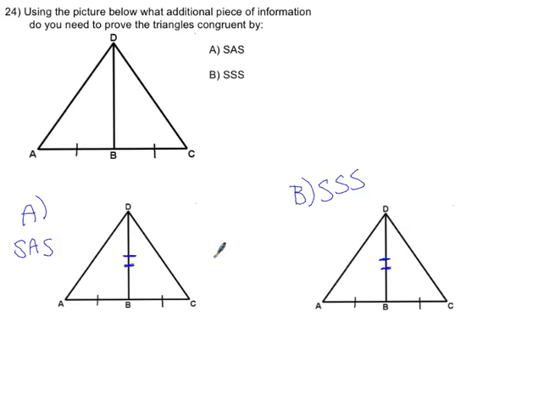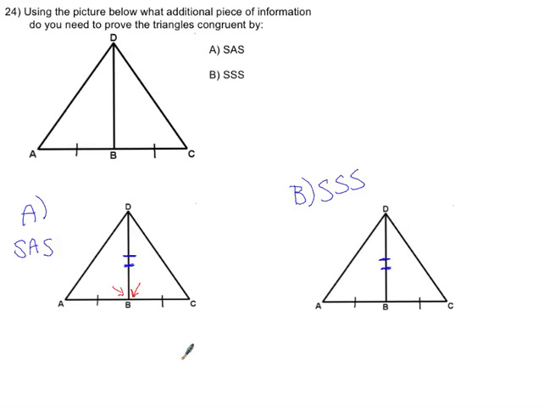If I want to answer this question by side, angle, side, I have the side and the side, and I need the angle to be smushed in between the two. So what angle is missing? I need this angle right here. On this triangle here, to match, it needs to go side, angle, side, so that's missing.